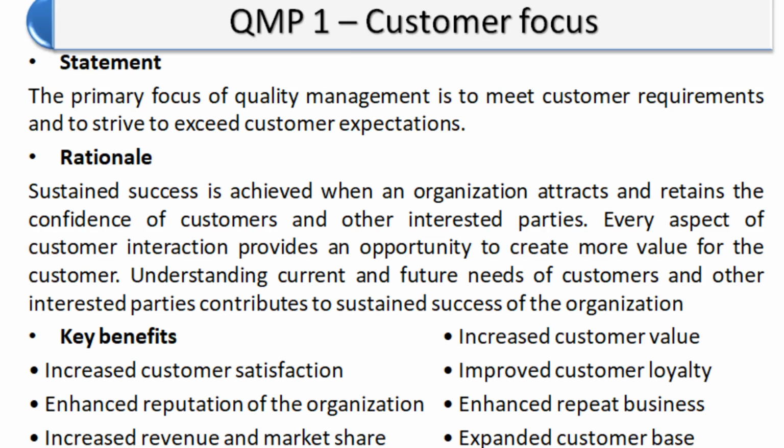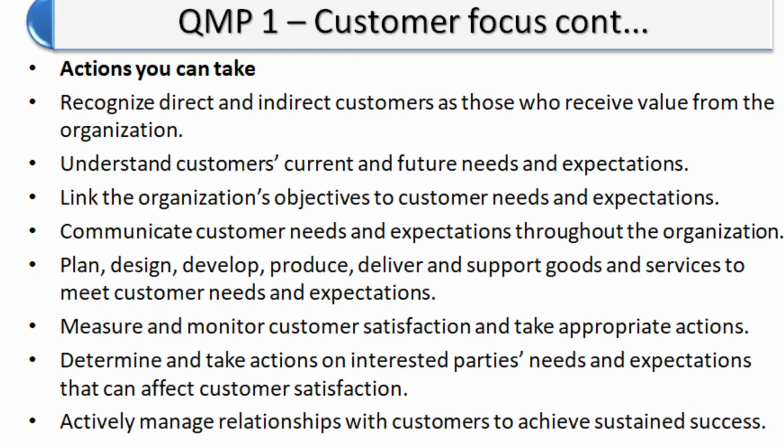Okay, and what are the different actions that you are going to take? First action, you have to recognize the direct and indirect customers as those who receive value from the organization. Second, you have to understand the customer's current and future needs and expectations.